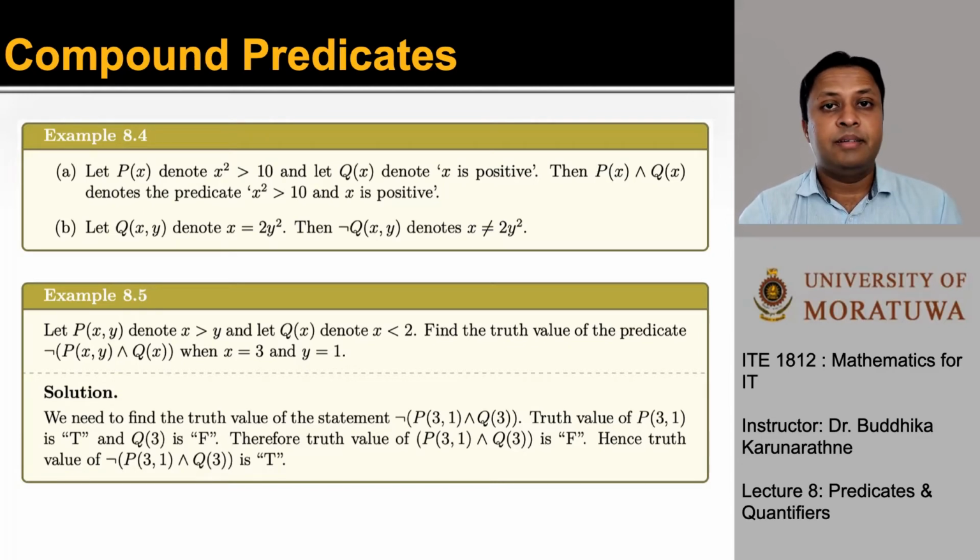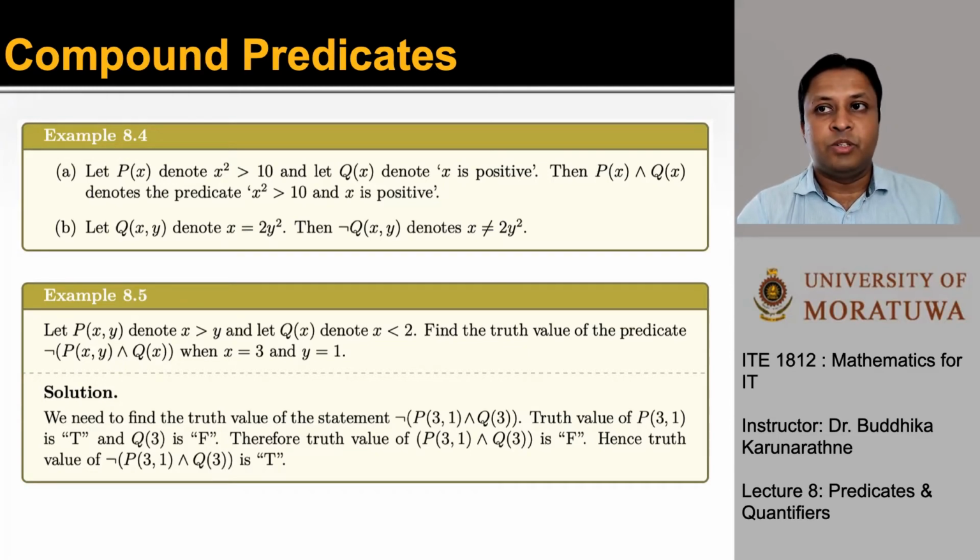We need to find the truth value of the statement negation of P(3,1) conjunction Q(3). So we find that the truth value of P(3,1) is true and Q(3) is false.